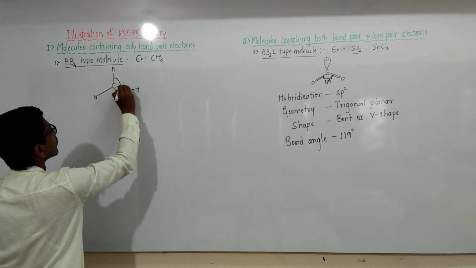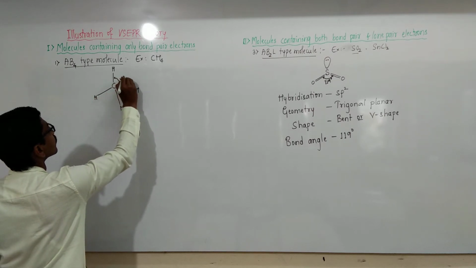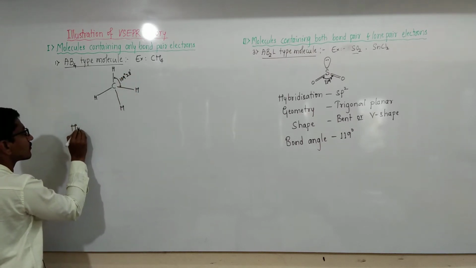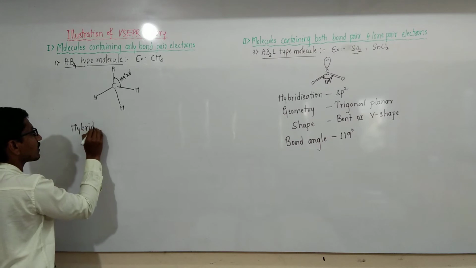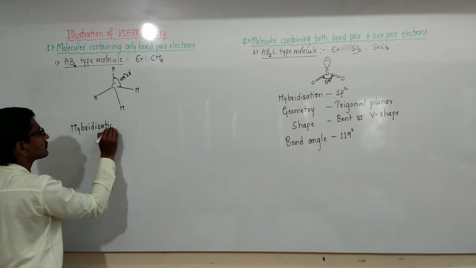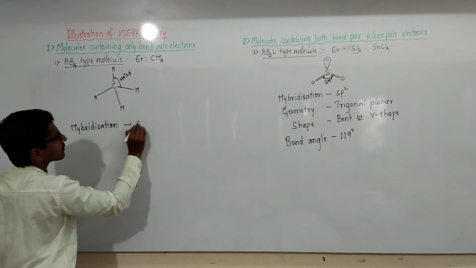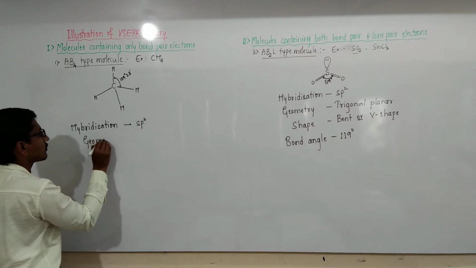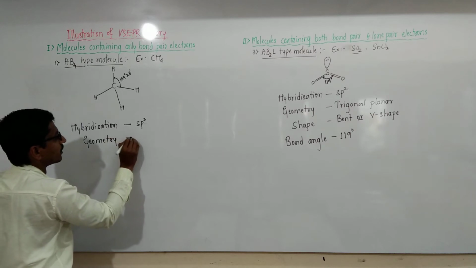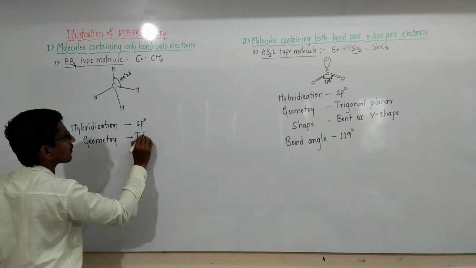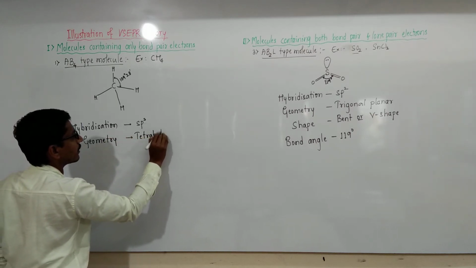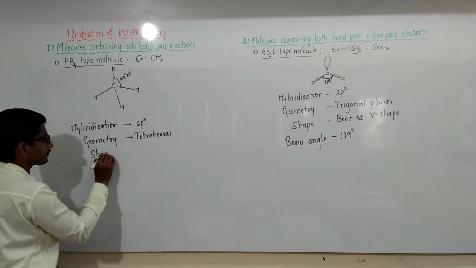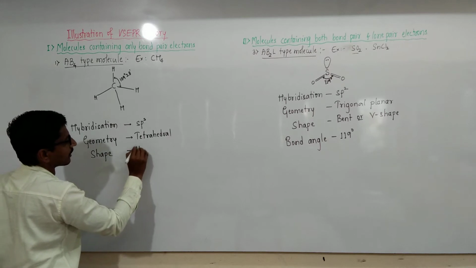Bond angle is 109 degree 28 minutes. Hybridization is sp3. Geometry is tetrahedral. Shape is tetrahedral.